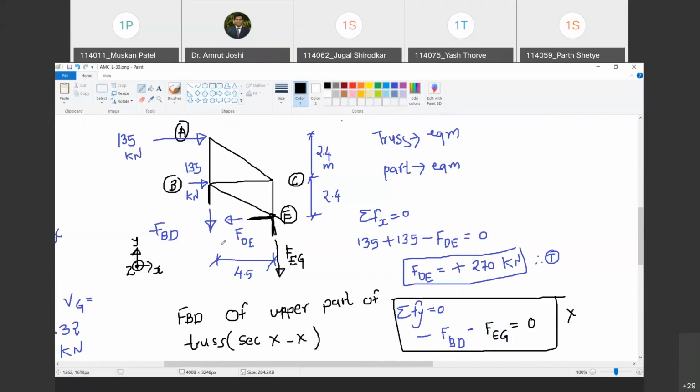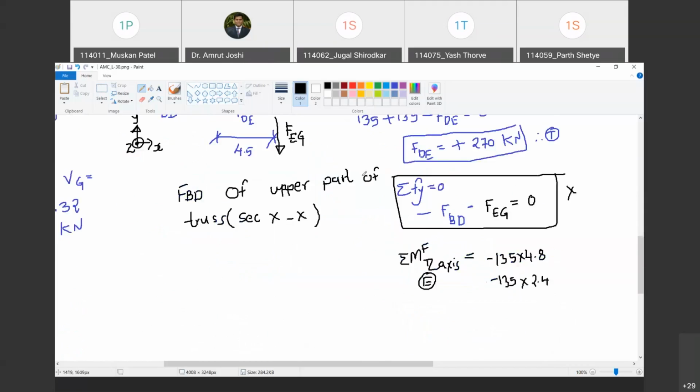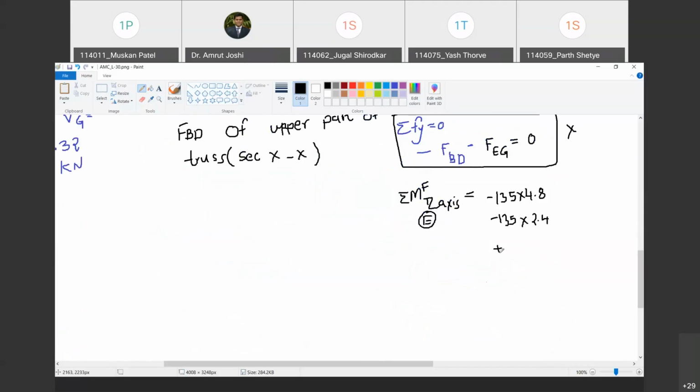Plus FBD into distance. As this is a vertical force, we are interested in the horizontal distance from E, and that is 4.5. FBD into 4.5 causes anticlockwise movement, therefore I call it plus FBD into 4.5. Happy? Yes, sir.